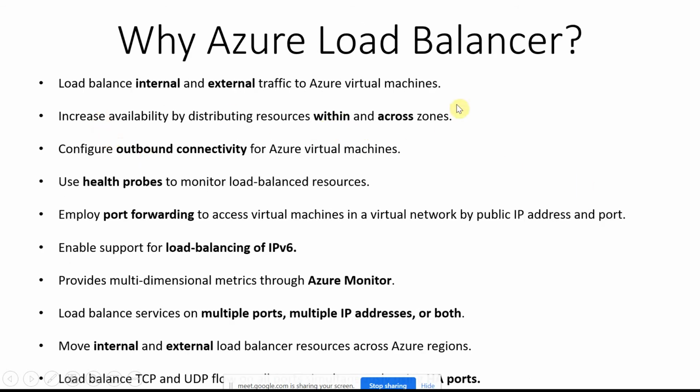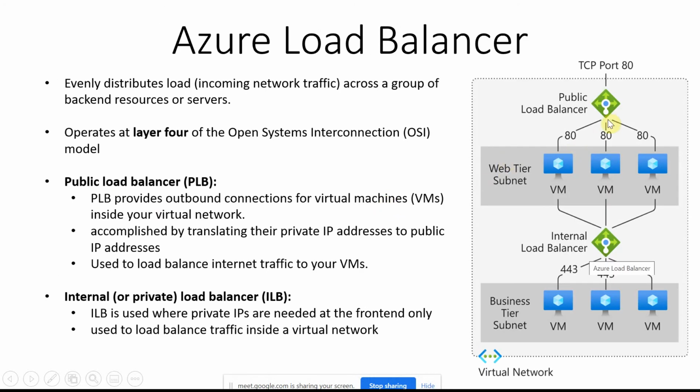So load balancer supports both, and generally it configures the outbound connectivity for the Azure virtual machines. It internally uses health probes primarily to monitor the load balancer resources. It will keep on pinging these resources and check the health of these VMs.